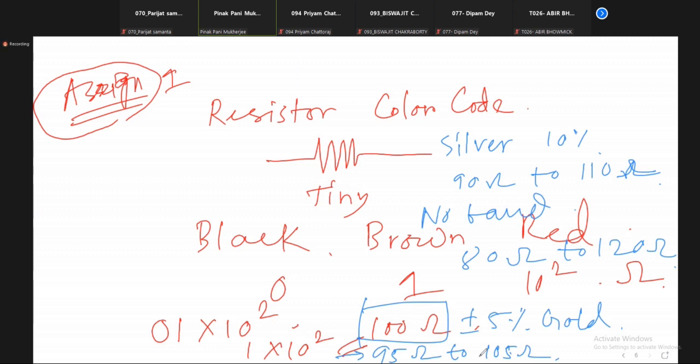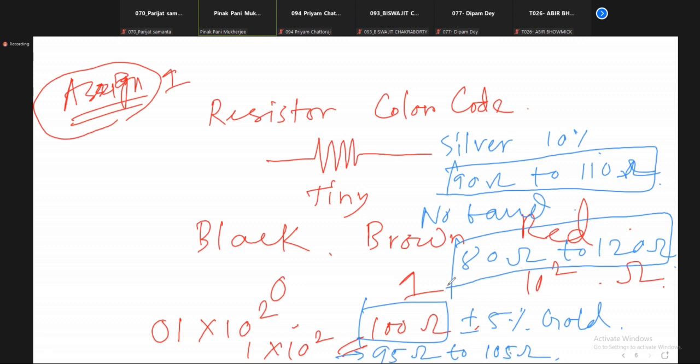So it is actually gold tolerance band, so the value will be in between 95 to 105. Now if it is silver, then it will be 90 ohm to 110 ohm. Okay, and if it is no band, then it is 80 ohm to 120 ohm. That means this is the worst quality material you can have. So why 80?